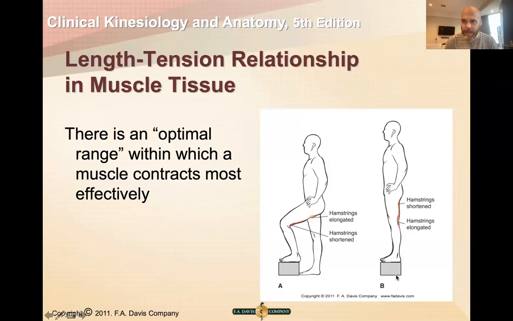Now, look at B. Now, he stepped all the way up on the step. Now, it's opposite. The hamstring fibers behind the knee are more elongated versus down here where they were shortened.